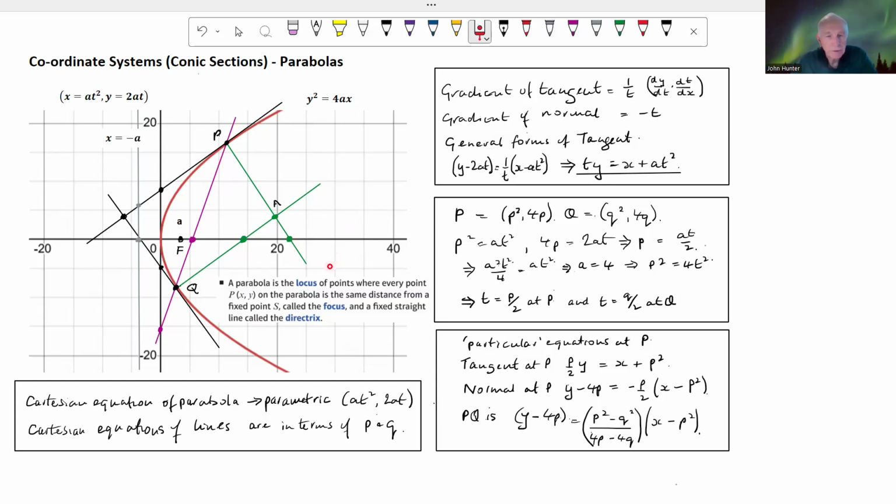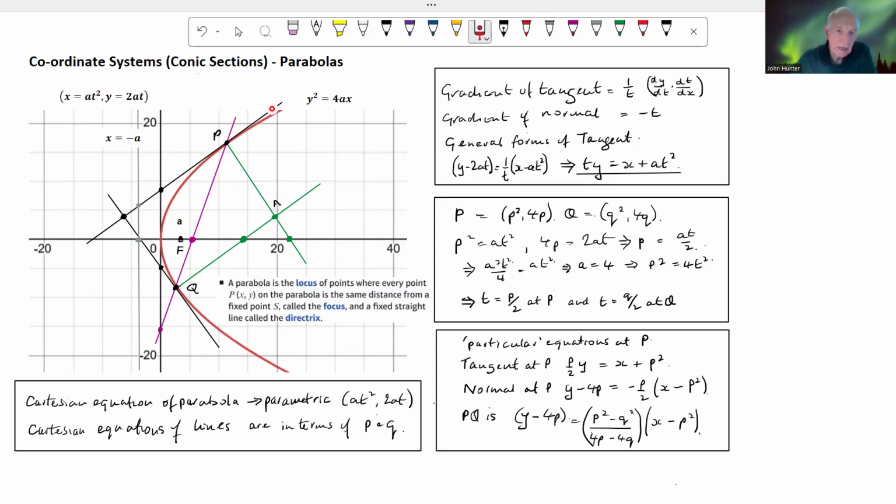Now, these problems tend to be not so much about the curves. The curves give rise to information that we then use, but it hangs on the straight lines related to these.